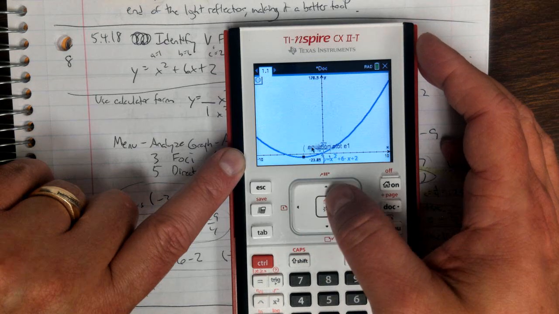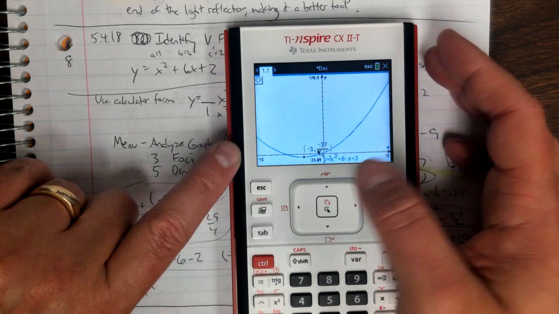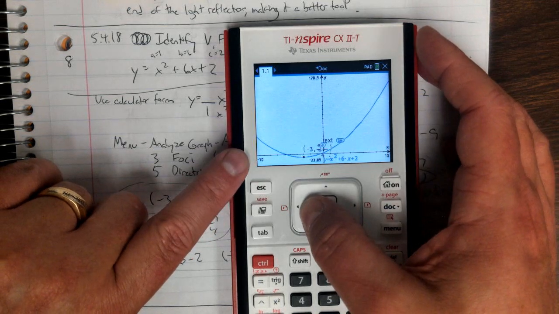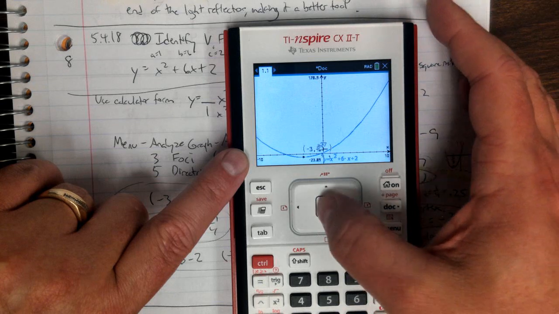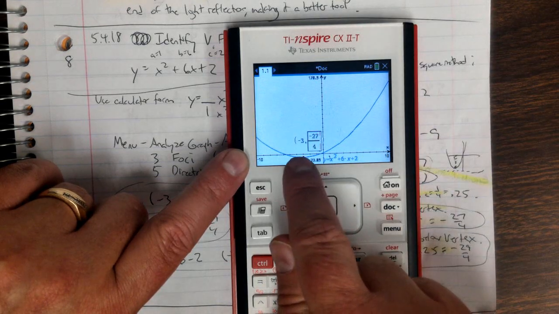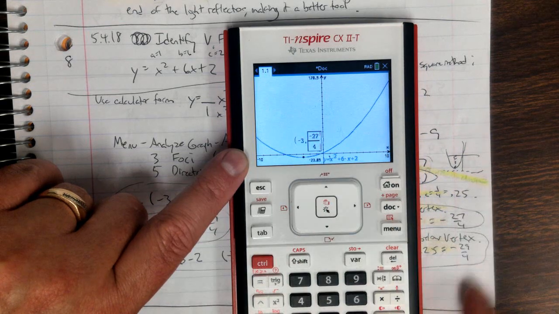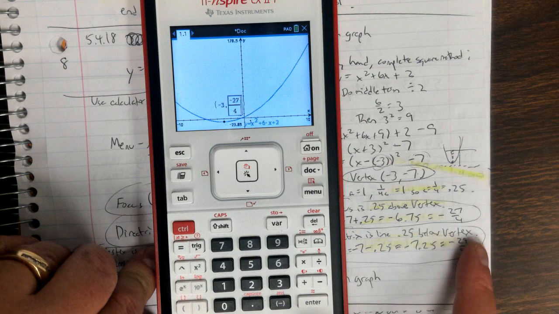Click. And that dropped it. And now I need to press escape and I want to move it. Remember, when the hand is open, you can push in the middle to move it and then drop it. So here's where you got your -3, -27, and it does match what we did over here.